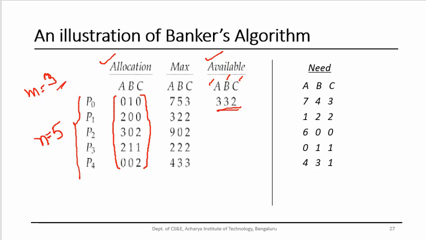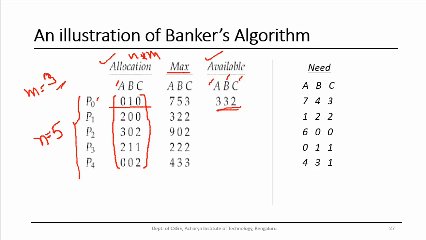Now this is an n cross m matrix, which means that there are n rows because there are n processes, and m columns because there are m types of resources. What does this indicate? P0 has got 0 instances of A, 1 instance of B is allocated to P0, and 0 instances of C have been allocated to P0.